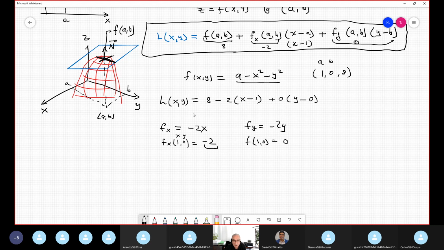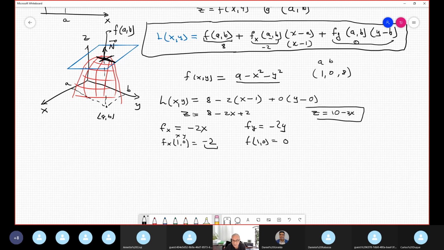So the answer: the linear approximation is z equals 8 minus 2 times x minus 1. No, plus 2: negative times negative is positive. The plane is z equals 8 plus 2, which is 10, minus 2x.